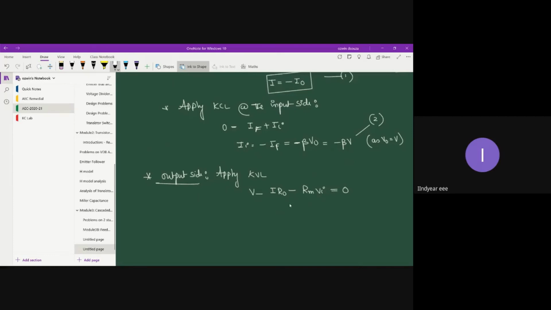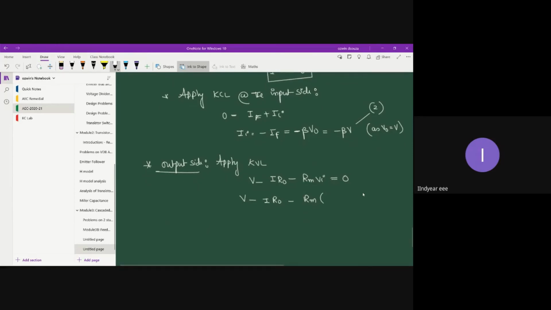Or V minus I into R naught minus Rm, okay, into Ii. So Ii can be written as Ii into Ri.